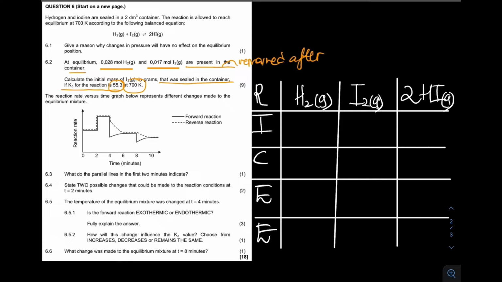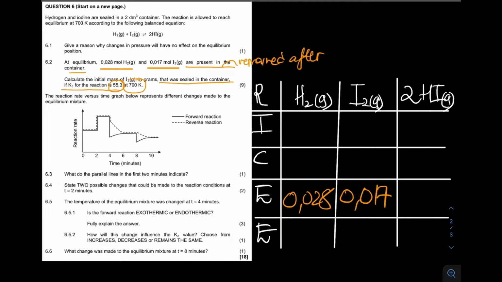These amounts that remained after the equilibrium has been reached, we can place them in the table which I've already drawn. The number of moles of hydrogen gas at equilibrium, we're going to place here at 0.028, and the number of moles of iodine gas, not there, sorry guys, I have to place it here. These are the number of moles at equilibrium, and the number of moles of iodine is 0.017 there.